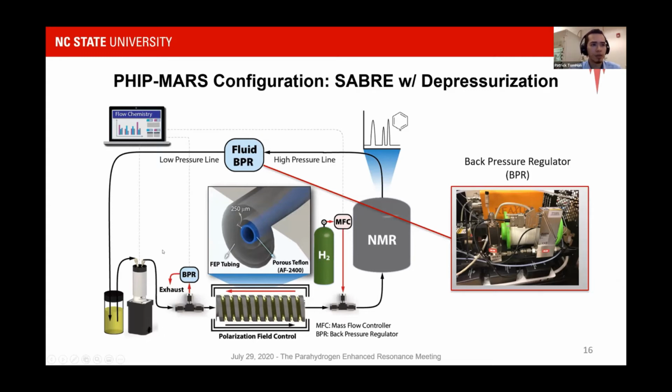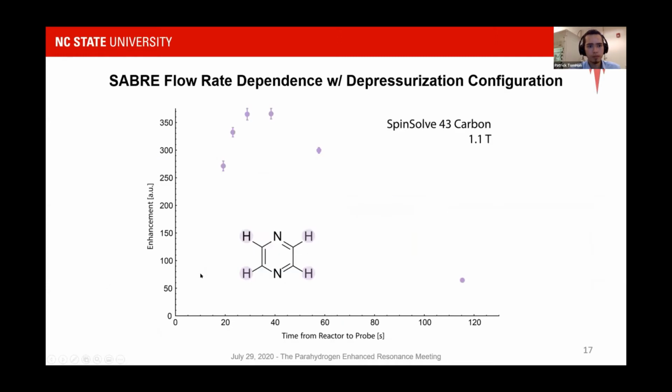We're also using a similar device in the gas phase of our tube-in-tube reactor to control pressure on the reactor here. In this configuration, we actually saw pretty poor levels of enhancement, although there was still a very nice flow dependence. Our hypothesis is that this low observed polarization is due to disruption in the activity of the catalyst as we flush large volumes of hydrogen out of the solution.